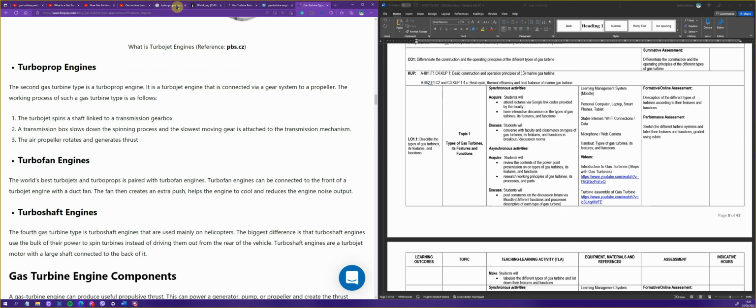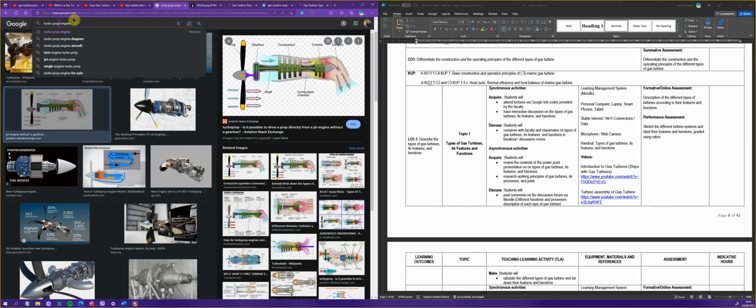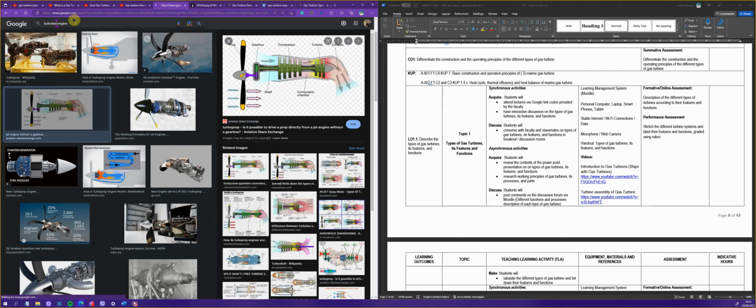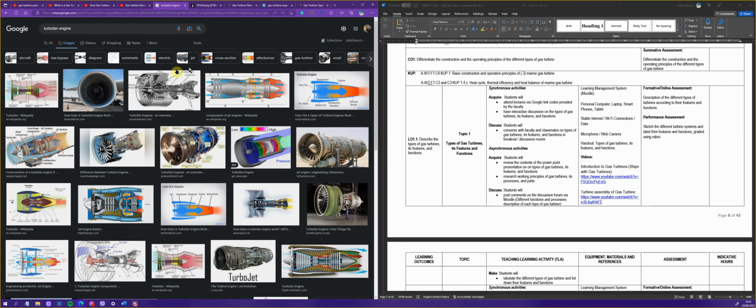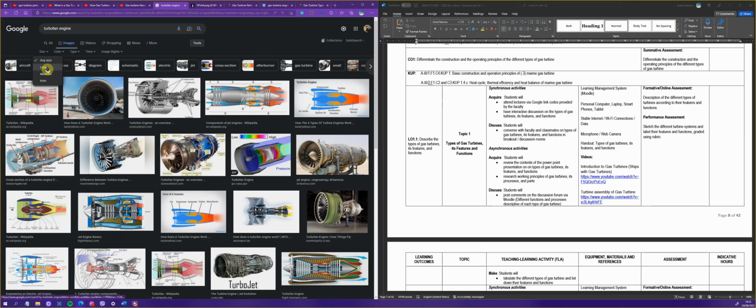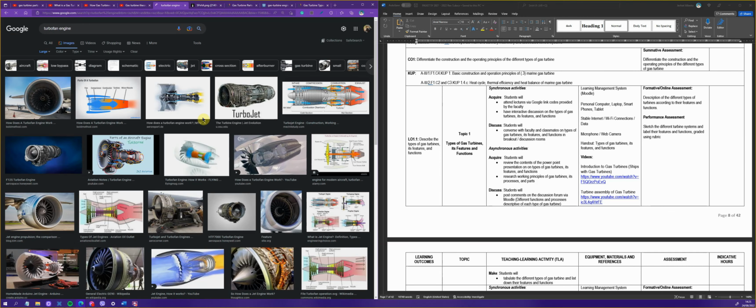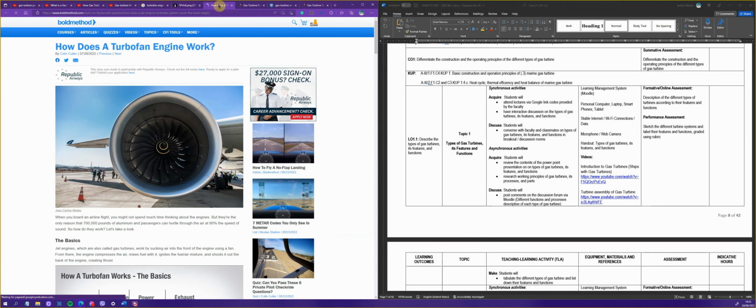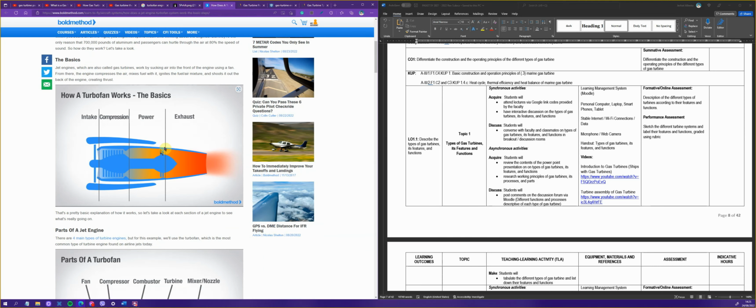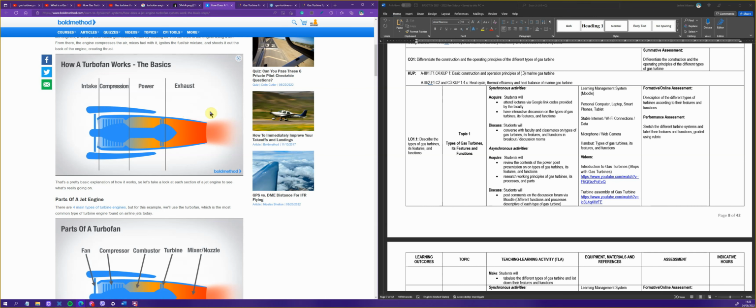So, hanap tayo ng turbofan. Ito, yung turbofan. Ito.